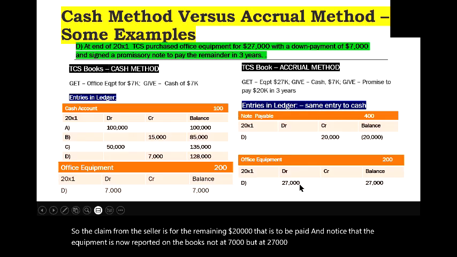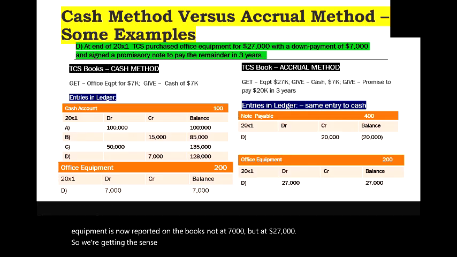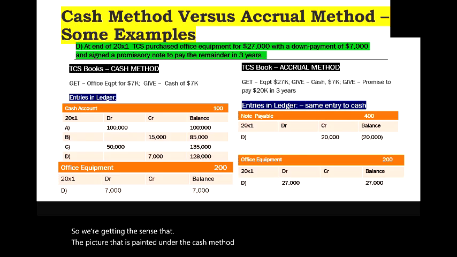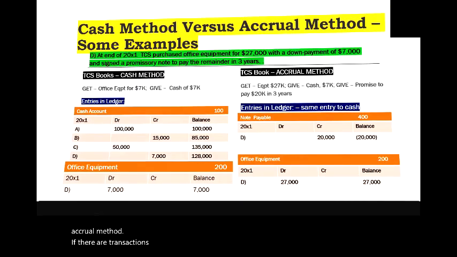So we're getting the sense that the picture painted under the cash method is different from the picture painted under the accrual method if there are transactions that involve either a delay in paying cash or a delay in receiving cash.